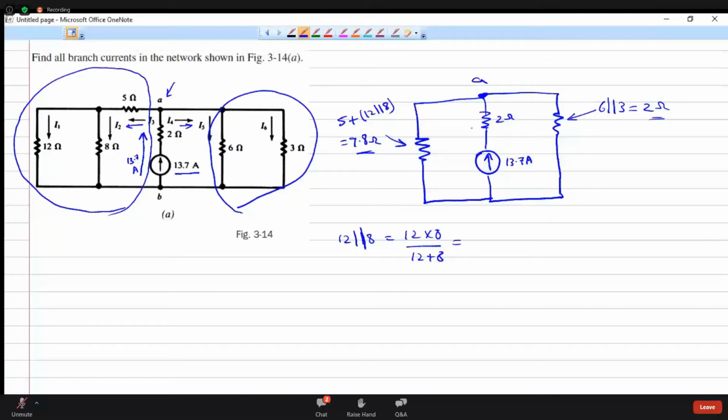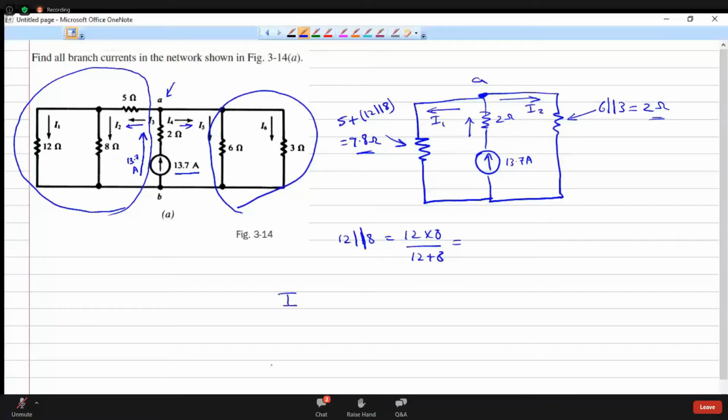Now 13.7 ampere is coming here. Okay, incoming, and it is getting split up. Let me call this I1 and this I2. So what should be the values of I1 and I2? Which rule should we use?